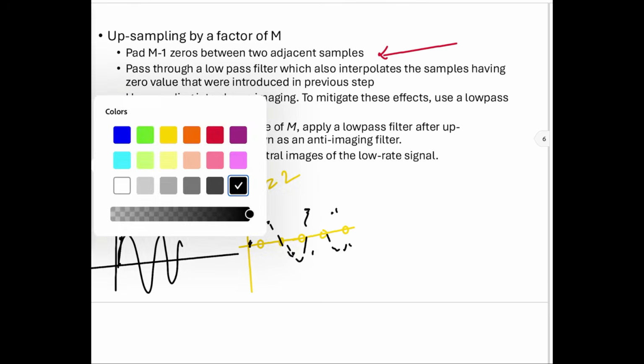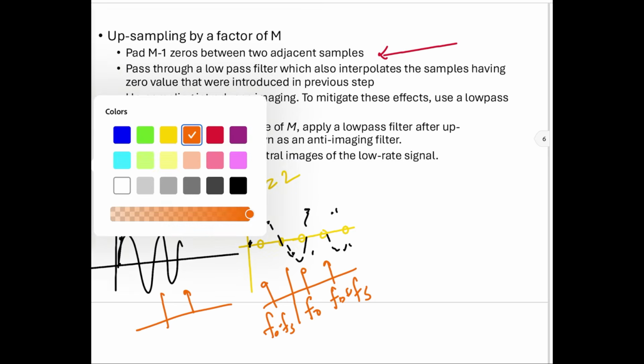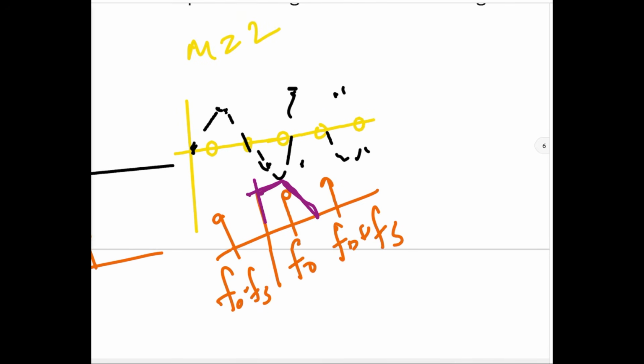If we look at the frequency response of this, we know that a complex exponential is one impulse. After padding zeros, or after upsampling by a factor of 2, this impulse will repeat. This is f naught, this is fs plus f naught, f naught minus fs. So basically, this will repeat with a period of fs. Now we have to put a filter around this to only pass the fundamental.